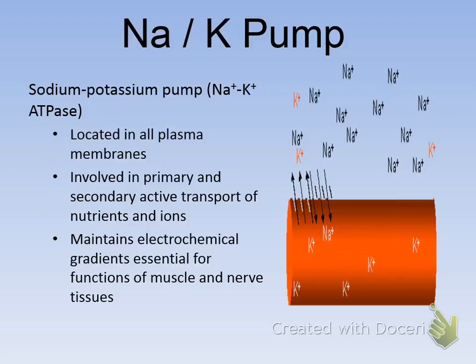This is the sodium-potassium pump, and it takes energy, and we're taking the sodium and the potassium and exchanging it. You can see that on this one we have more potassium inside the cell, and we're going to move it to the outside of the cell. The sodium is on the outside, and we're going to bring it to the inside. We're exchanging them.